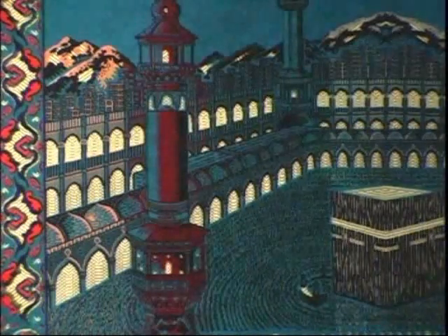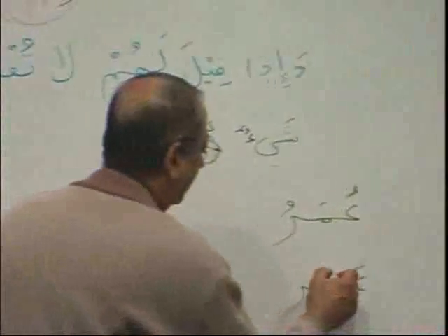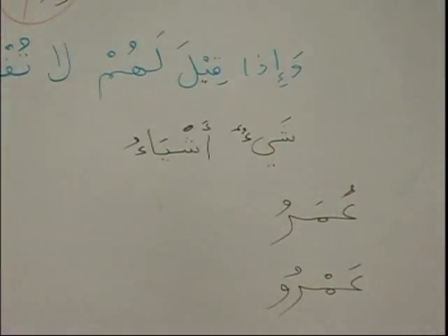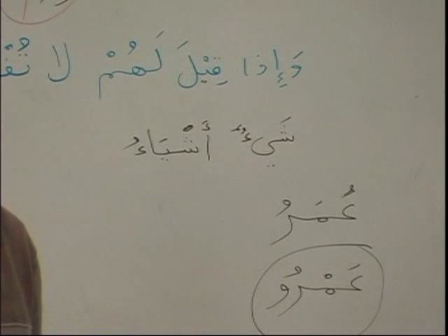Maza turidu anta ya Amru. See, Umar and Amru. Of course, in Canada, we don't hear this thing. This is not diptote, brothers and sisters.